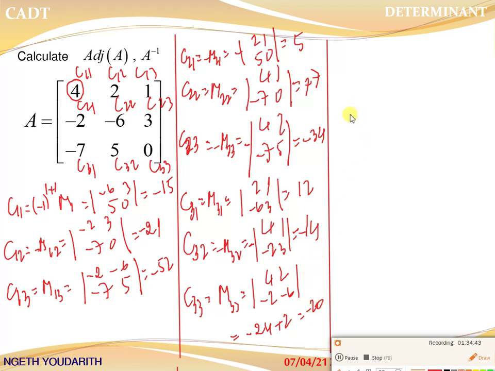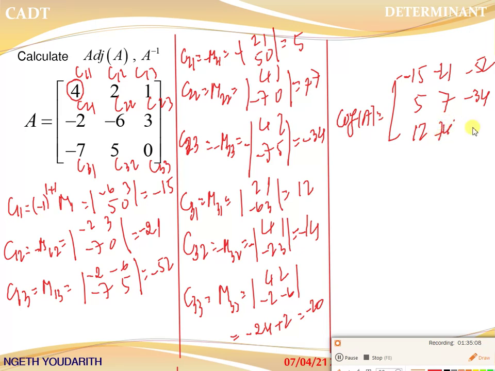So the cofactor of A is equal: A11 is minus 15, A12 minus 21, minus 52. This one is 5, is 7, and this minus 34, 12, minus 14, and minus 20 is the cofactor and adjoint.